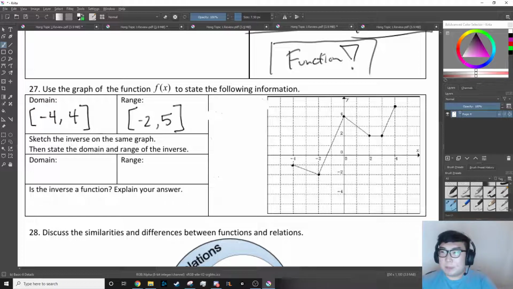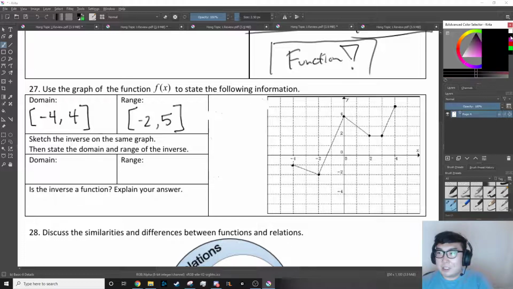Alright, sketch the inverse of the graph. So first I need to list out my original values as a table.